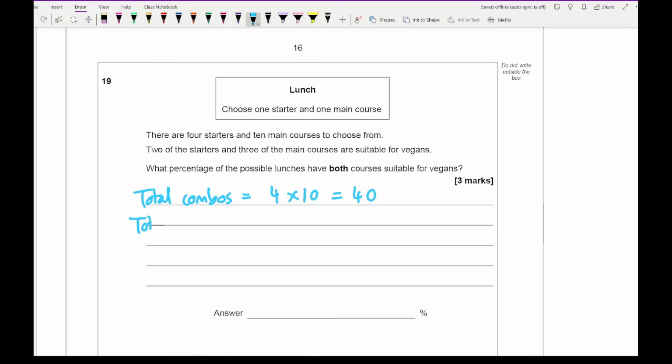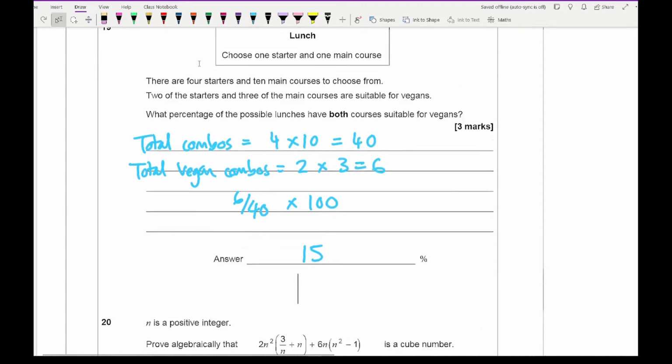And the total vegan combos is going to be 2 times 3, which is 6. So we've got 6 out of 40. We want to convert that into a percentage. So 6 over 40 as a percentage gives me an answer of 15%.